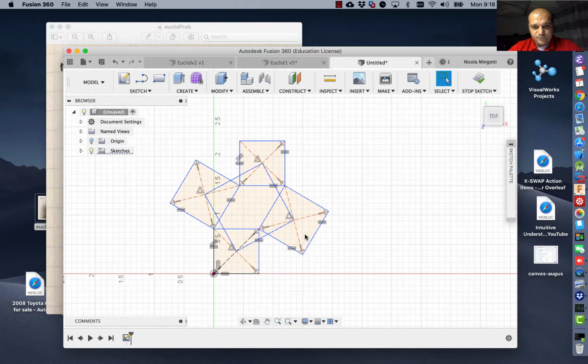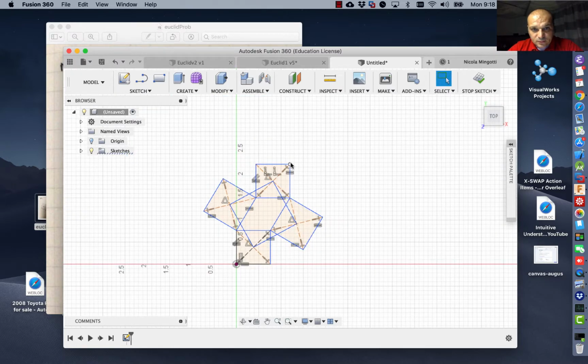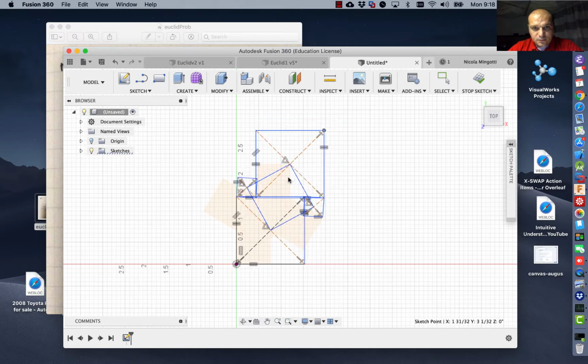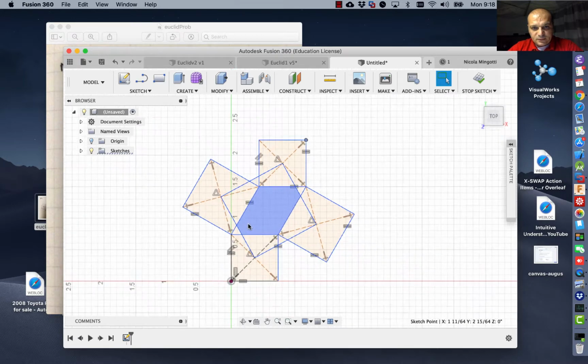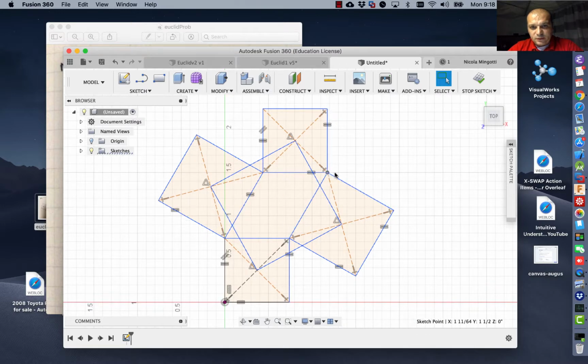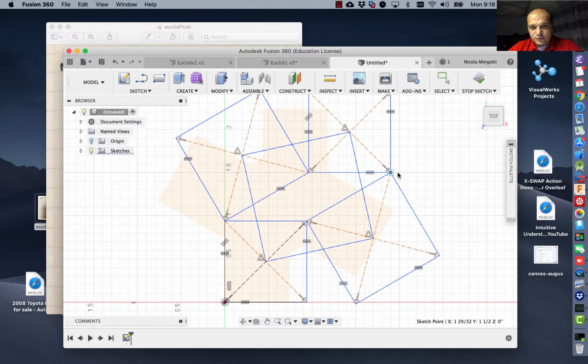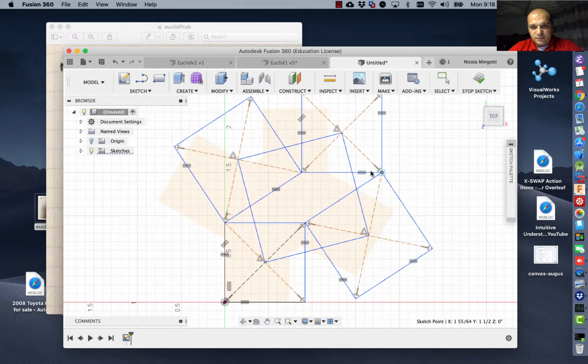Let's move it. Ugly, but working. You see, it's quite pretty.